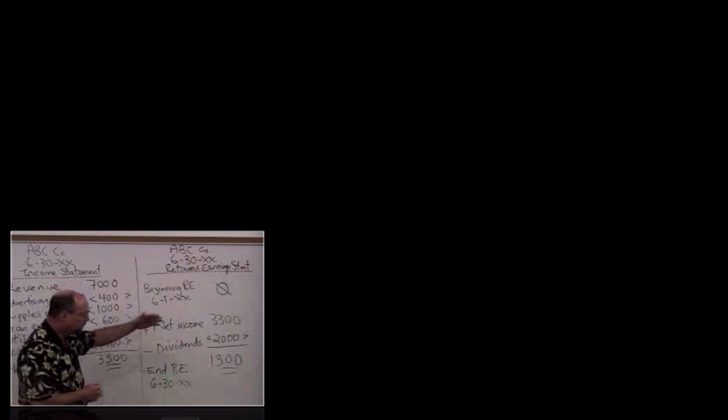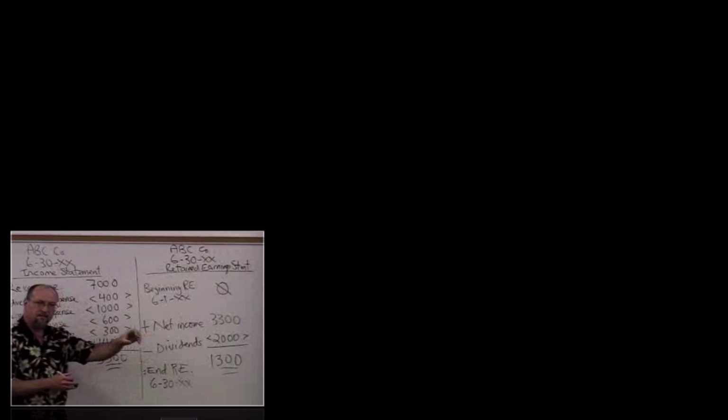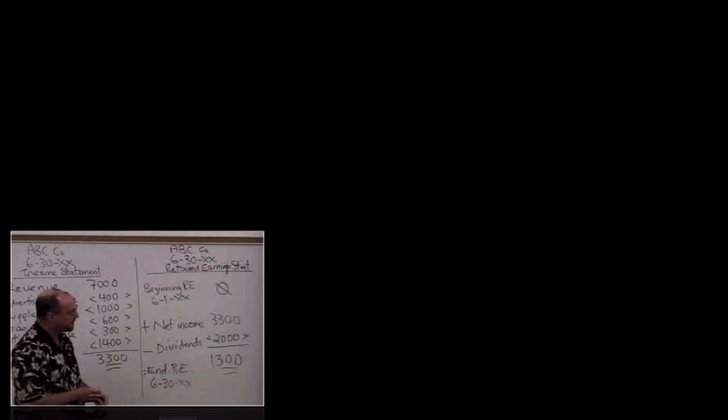They make the initial investment, and then hopefully through profitability and putting money back into the company, earnings that we retain for the business, we grow the business. Beginning retained earnings plus net income minus dividends, which is money that the owners take out of the business for personal use, you can do that, equals ending retained earnings. It is the ending retained earnings which then goes on your balance sheet.